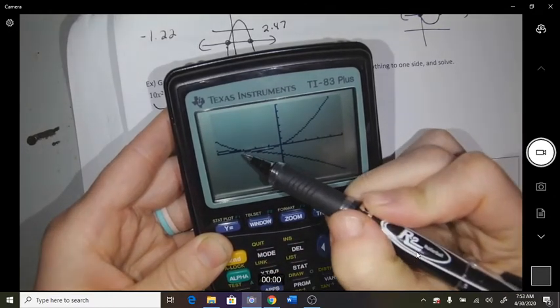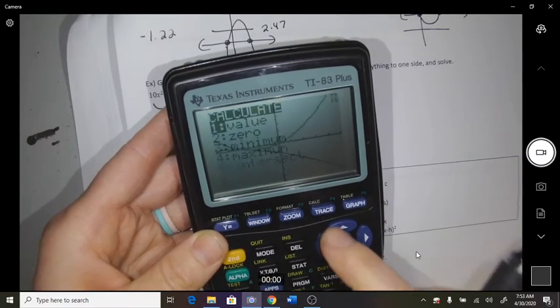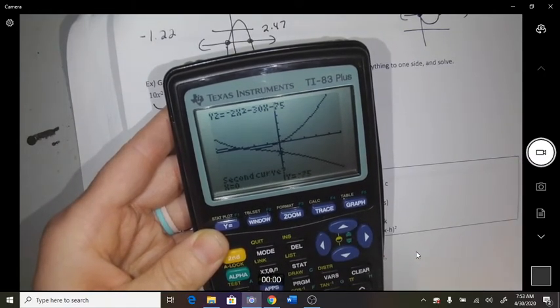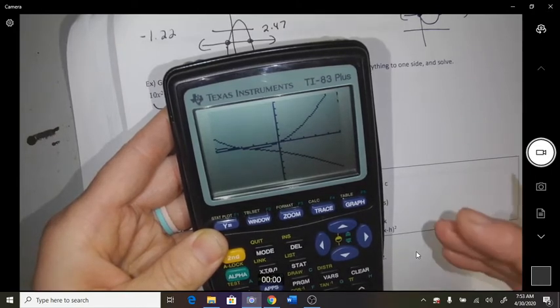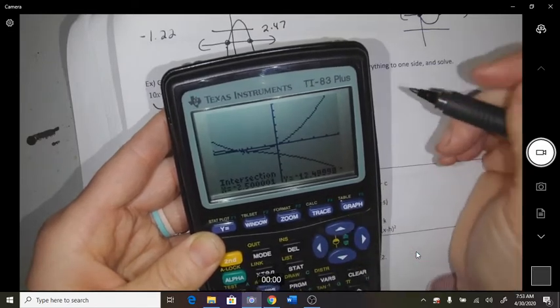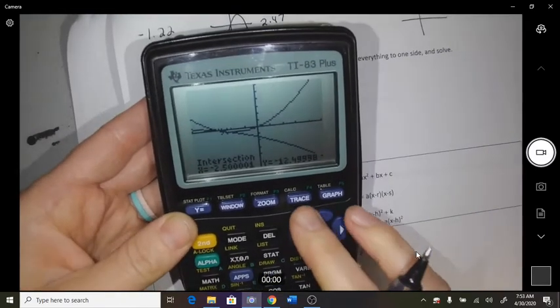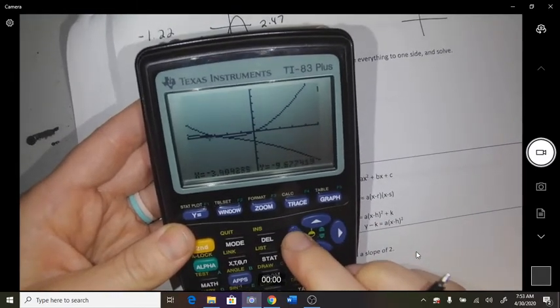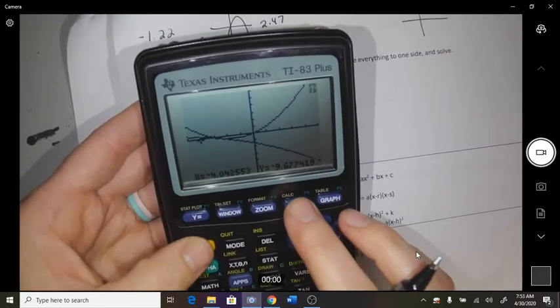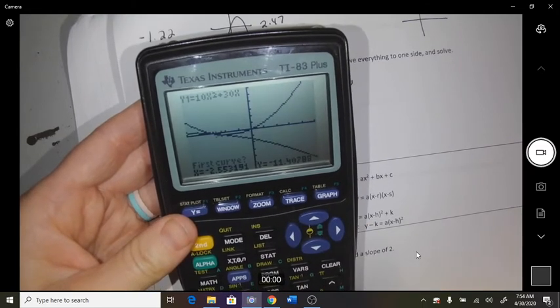Okay, so there's intersections right there, so we're going to calculate intersection. Enter, enter, enter. So -2.5 is one intersection. I don't know how close these are together, so we'll move our mouse, calculate intersection.